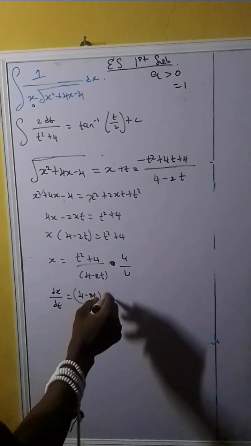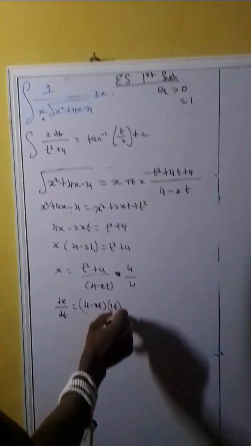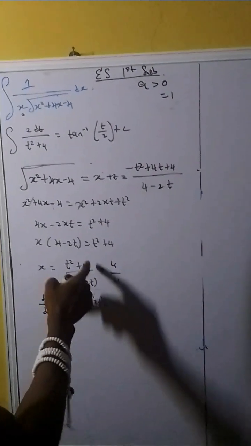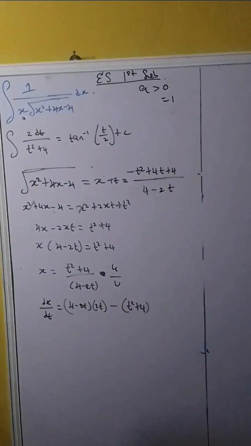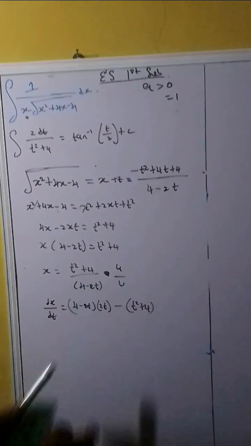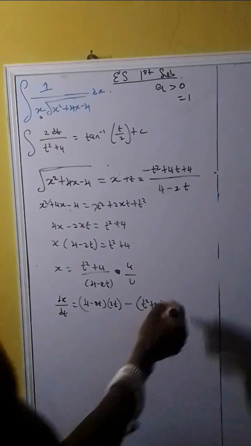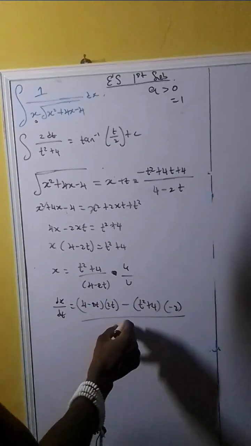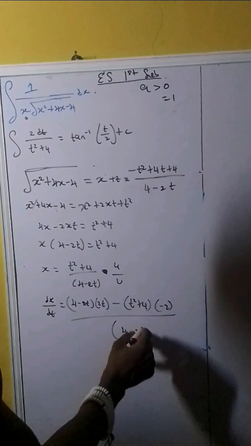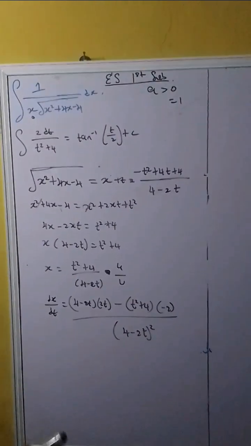V, then du/dt, this will give us 2t, minus u, which is this one here, t squared plus 4, and our dv/dt, and that will give us ordinarily minus 2 over our v squared, which would be 4 minus 2t raised to power 2.